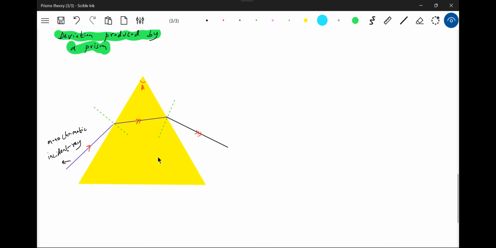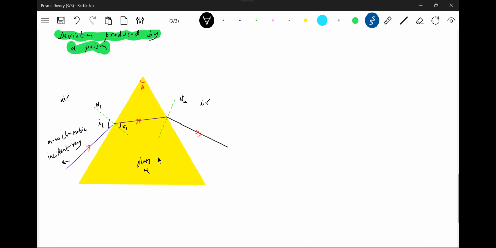Let the angle of incidence be I1, this is the normal N1, and this is N2. Let this angle of incidence be I1. This is the refraction angle. Let this be medium A, air. This is the glass where the refractive index of the prism is mu.